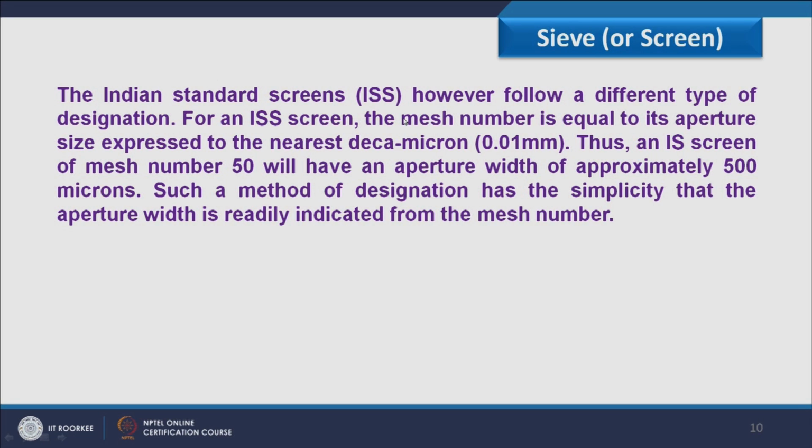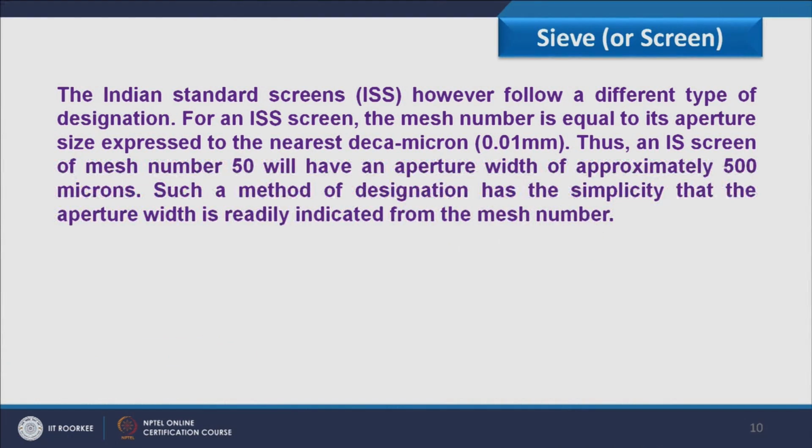Therefore, if I consider a screen of mesh number 50, the aperture size would be 50 into 0.01 mm, that is 0.5 mm, which we convert into microns, that would be 500 microns. So, in this case, as the mesh number increases, I will have a larger aperture size.